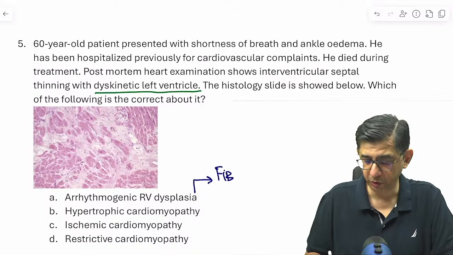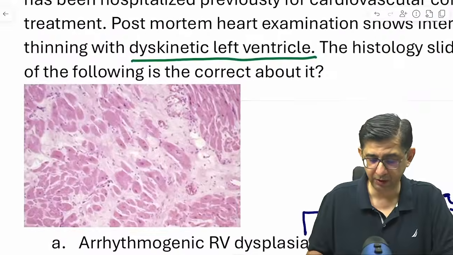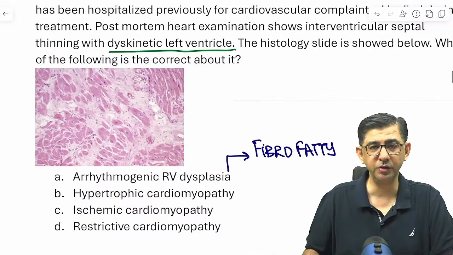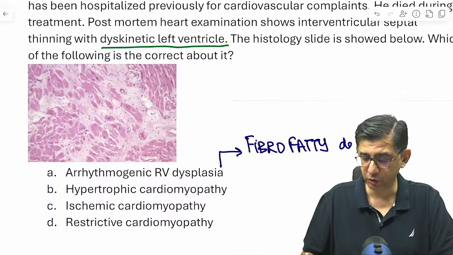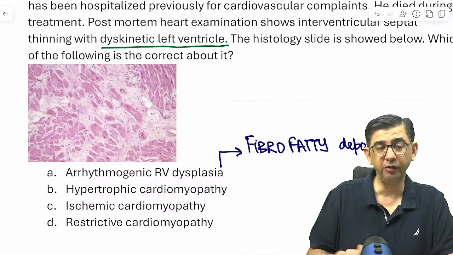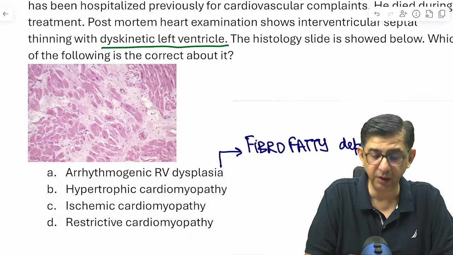The question should mention, and the slide should also show you, that there is fat. Do you see any fat? I don't see any fat. Fat would look like completely empty spaces, like round circles. Another thing is there should also be fibrosis present, so he might give you a special stain like Masson trichrome for the fibrosis component, not a standard hematoxylin eosin.